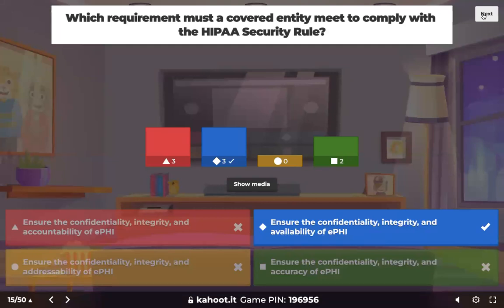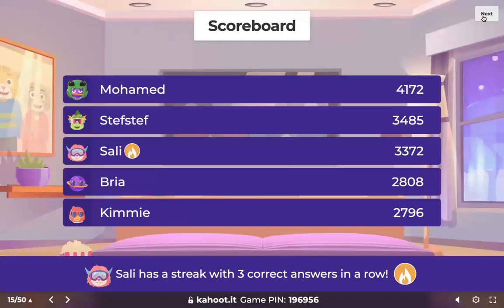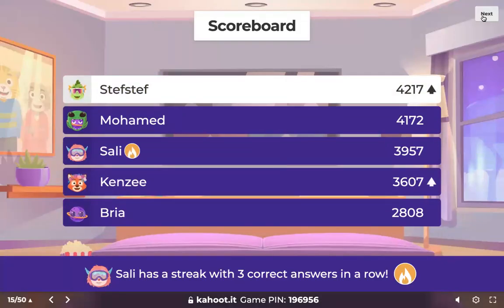Okay. So the correct answer here was to ensure the confidentiality, integrity, and availability. Okay. So it was all about knowing those terms, right? That's what I was testing here. And it looks like Steph is on top now. All right.